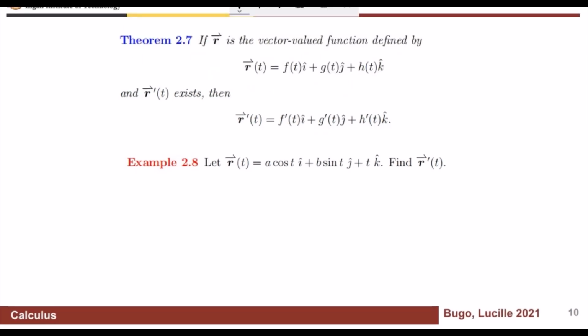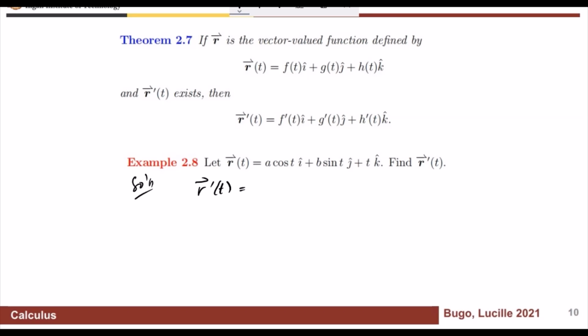Example 2.8: let r of t be equal to a cosine t i hat plus b sine t j hat plus t k hat. Find r prime of t, or the derivative of r with respect to t. According to the theorem, r prime of t is just the sum of the derivatives of each component.